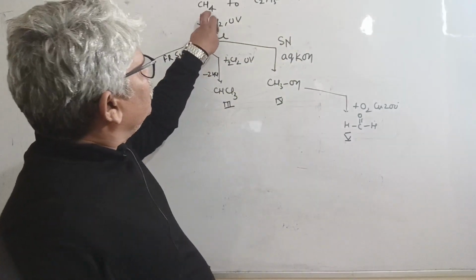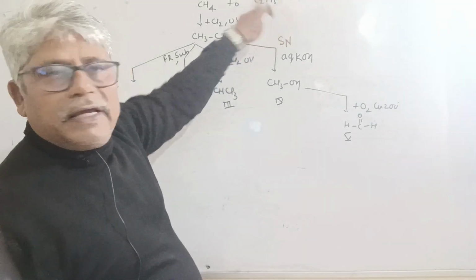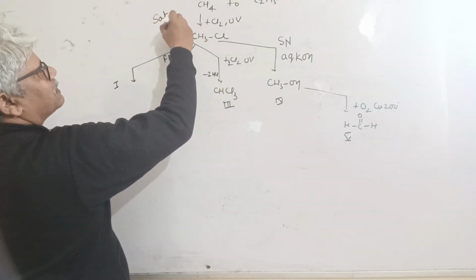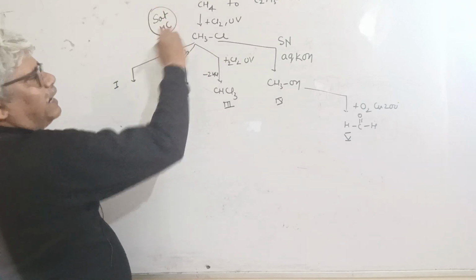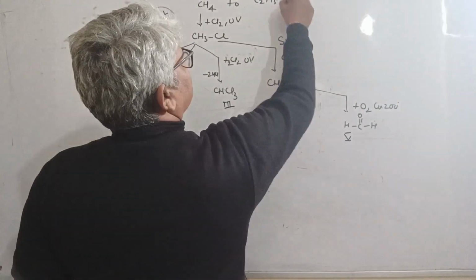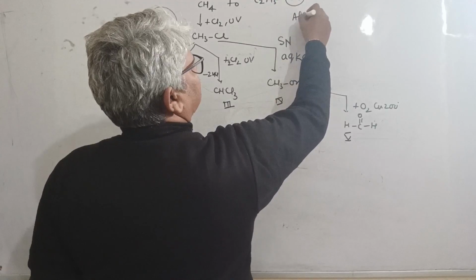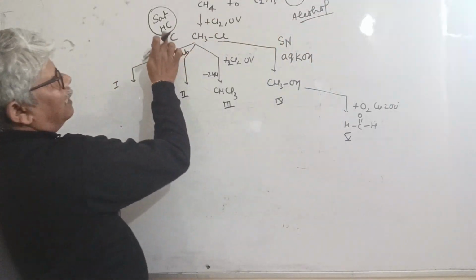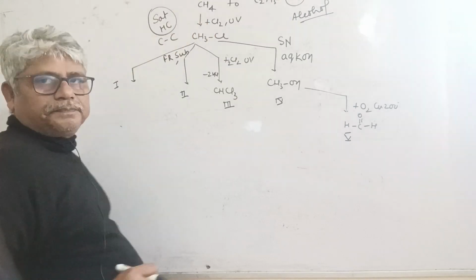Here the functional group is a saturated hydrocarbon, that is carbon-carbon single bond, and here the functional group is the alcoholic group, but with 2 carbon. Alcohol with 2 carbon, saturated with 1 carbon.